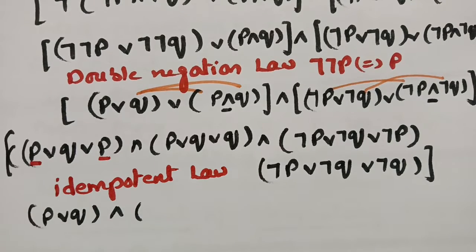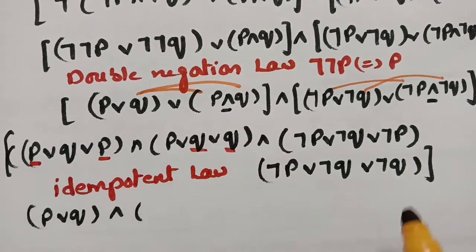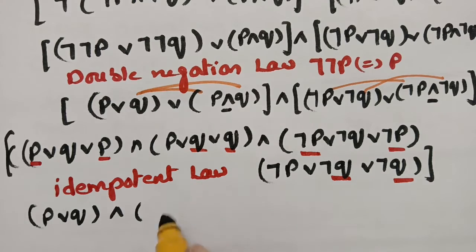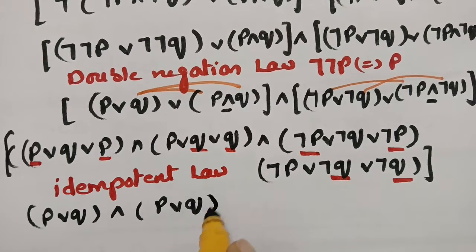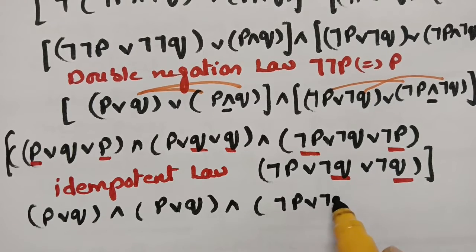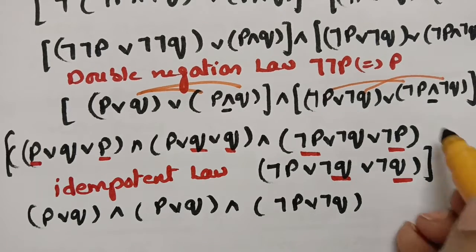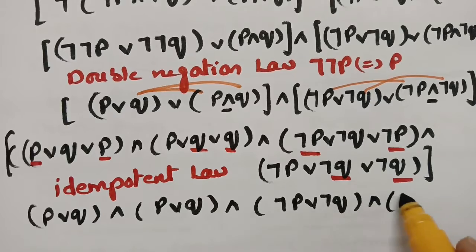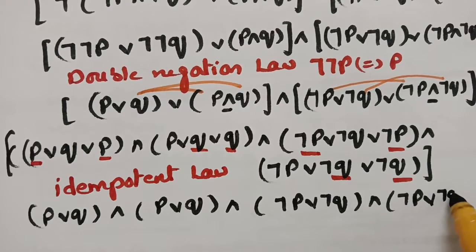Here there are two q's, two negation p's, and two negation q's, so I am writing them for one time. So this is p or q, and this is negation p or negation q, and there is an and symbol here, and this is negation p or negation q.